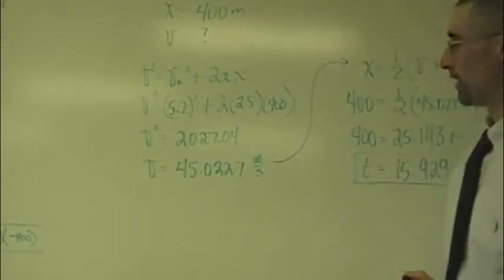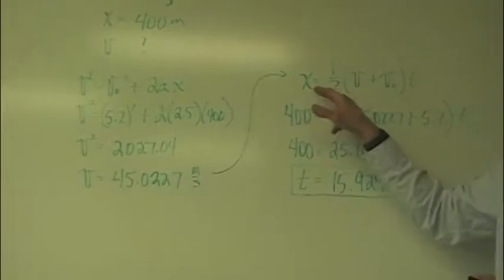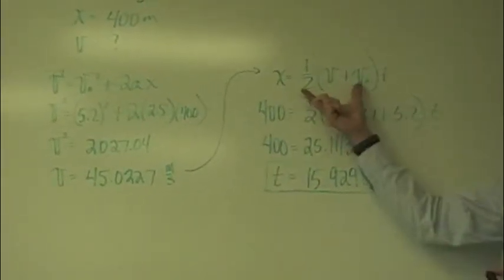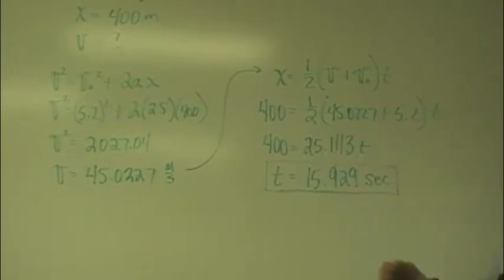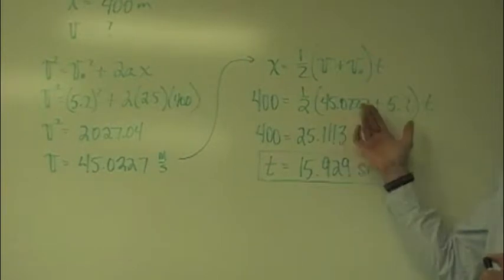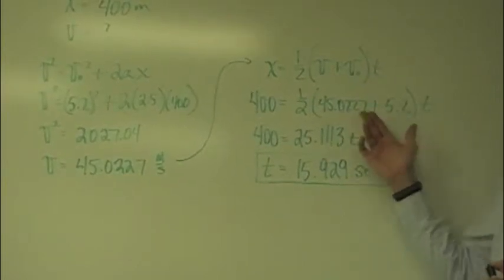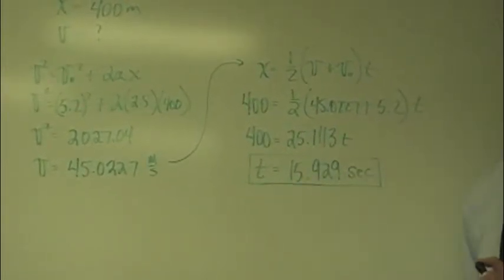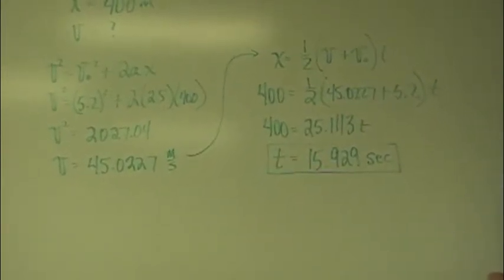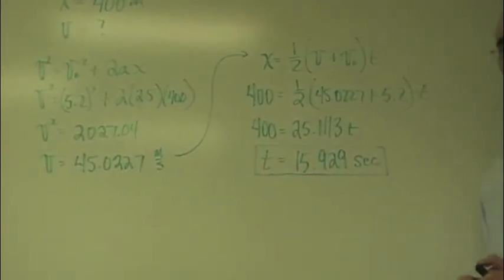Then we plug it into another kinematic equation, which is basically our average speed times our time: 400 equals 1/2 our final velocity plus our initial velocity, times t. We solve for t. T comes out to be the same value, 15.929.